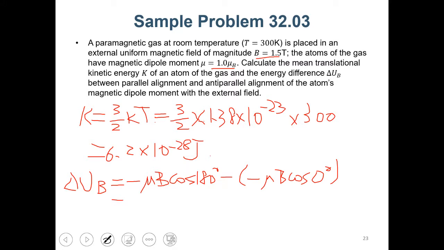So it will equal 2 mu B, because cosine 180 is minus 1 and cosine 0 is 1. You substitute 2 times 9.27 times 10 to minus 24 times 1.5.